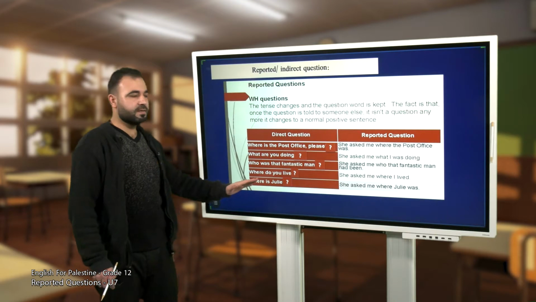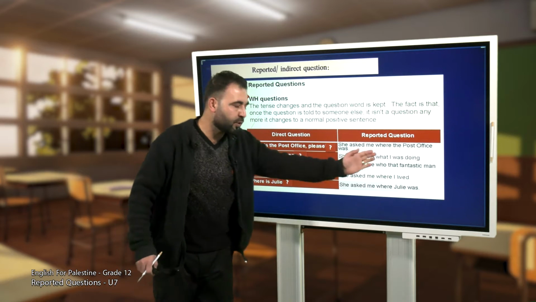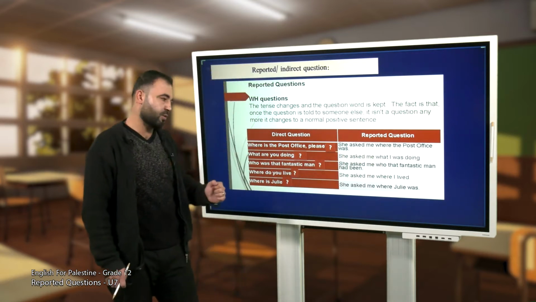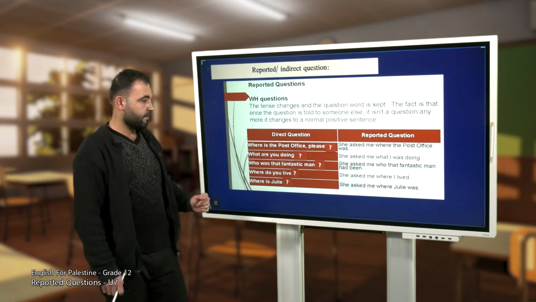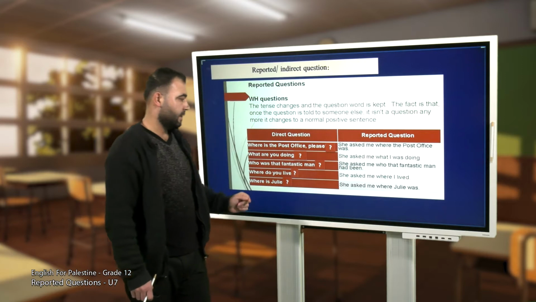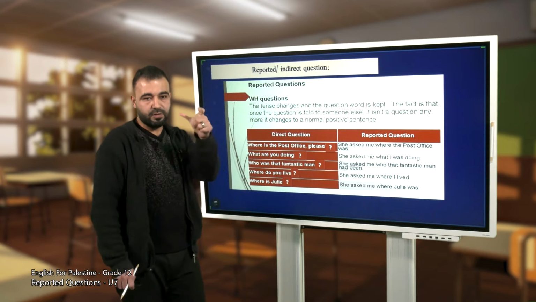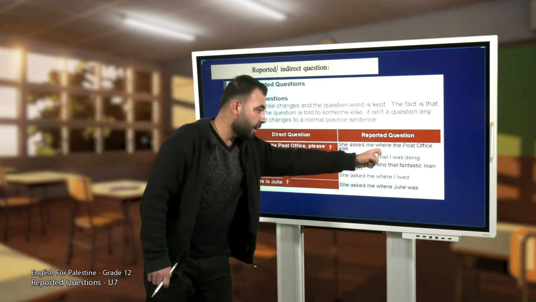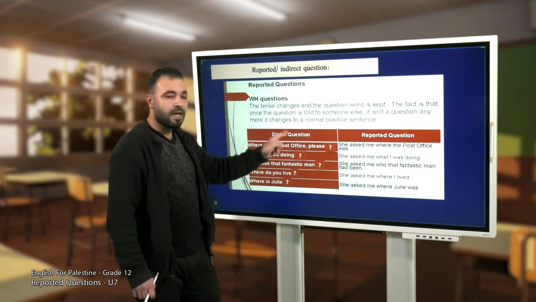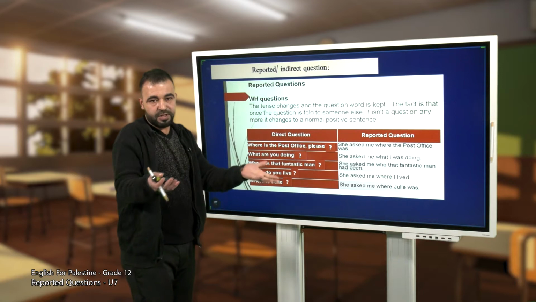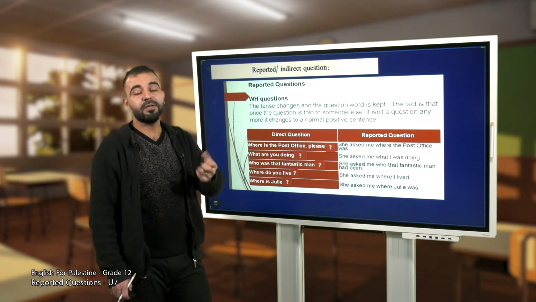Examples of direct questions, and here we have examples for the same direct questions, which are turned into the reported form. Number 1: Where is the post office, please? In the reported form, it becomes: she asked me, the starter or the beginning of reporting, where, the WH word, the post office, the noun or the phrase or the subject of the question, and finally we end it with the main verb.